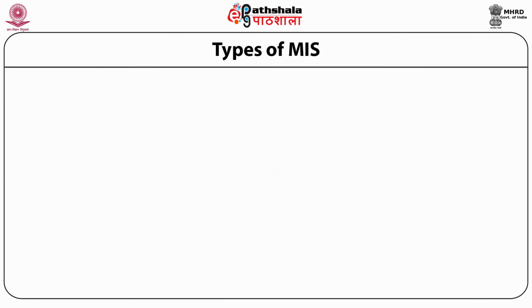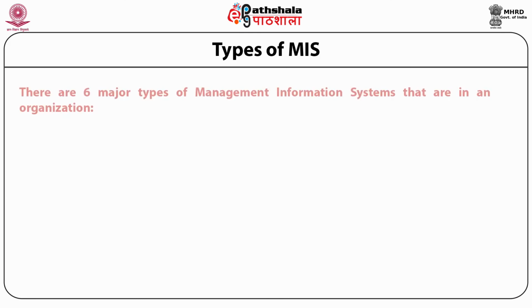Types of MIS. Over the years, MIS have been refined and many types of MIS are visible in various organizations. In fact, there are six major types of information systems that are seen in an organization. Firstly, executive support systems.